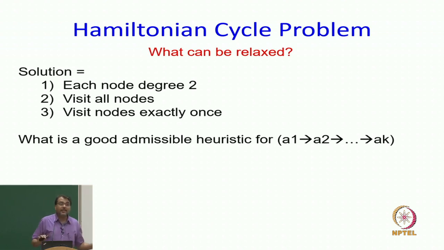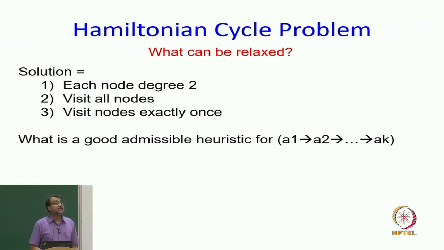So get rid of A2 to AK minus 1 in the graph, and then try to compute the shortest path from AK to A1, and that is going to relax the visit all nodes constraint.